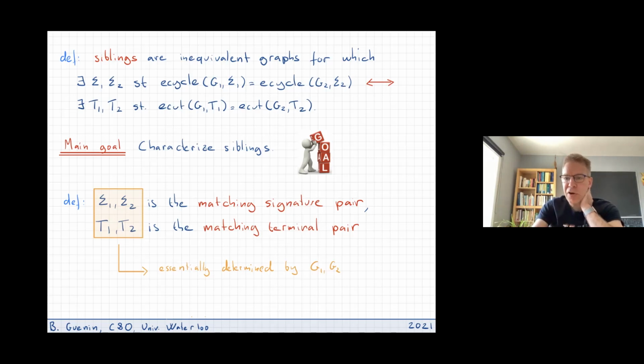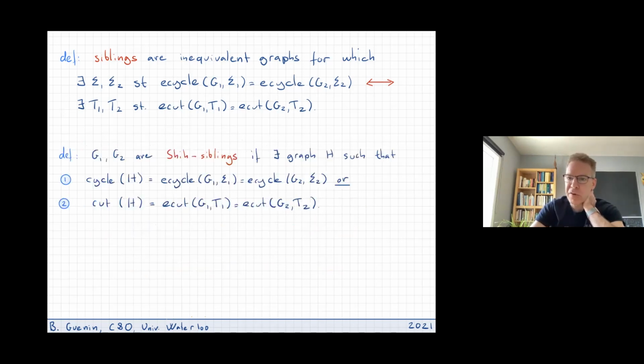So for the rest of the talk, I'm going to look at the problem of characterizing siblings. This is going to be my goal. So what is a class of siblings that we understand? Well, we understand the ones which arise from Shih's theorem. If I have G1, G2 which are siblings, and I tell you that there's a graph H such that the cycle of H is equal to the even cycle of G1, sigma 1, or equivalently the even cycle of G2, sigma 2, then Shih's theorem is going to tell you the relationship between H and G1.